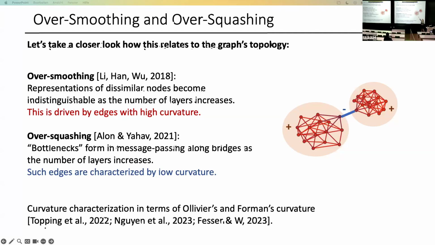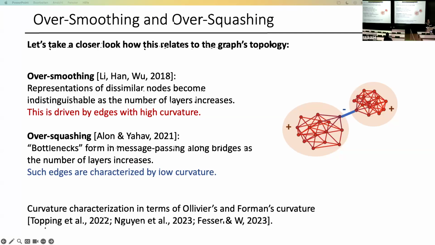In the red region, where we would expect oversmoothing, there we have a very densely connected graph, and the two nodes share a lot of common neighbors. So oversmoothing coincides with where we have high curvature, right? And then this bottleneck where we would expect oversquashing to occur, that's a region in the graph where we have particularly low curvature.